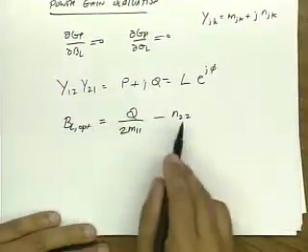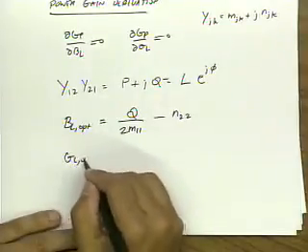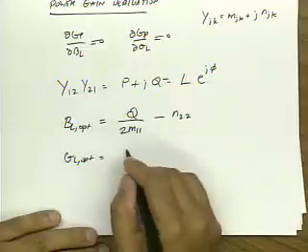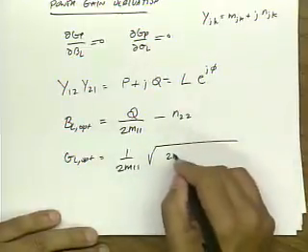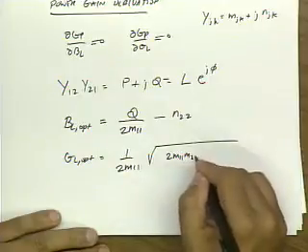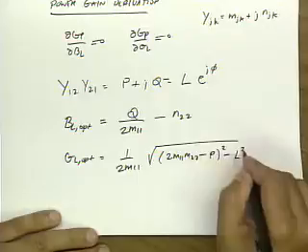This is the imaginary part of the optimum admittance, and the real part of the optimum admittance is given by 1 over 2 M11 times the square root of (2 M11 M22 minus P) squared minus L squared.